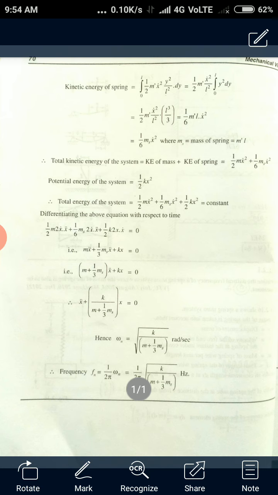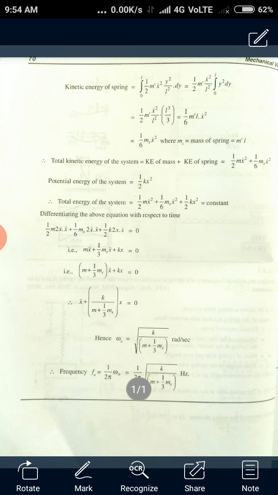Keep the constants outside: 1 by 2 m dash x dot square divided by L square into bracket integration 0 to L y square dy. Then do the integration: 1 by 2 m dash x dot square divided by L square into bracket, where y square integrates to y cube by 3.